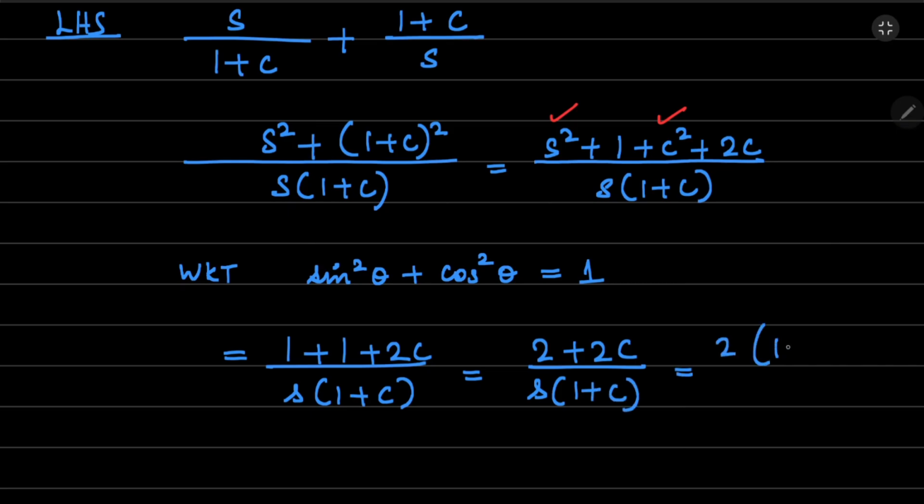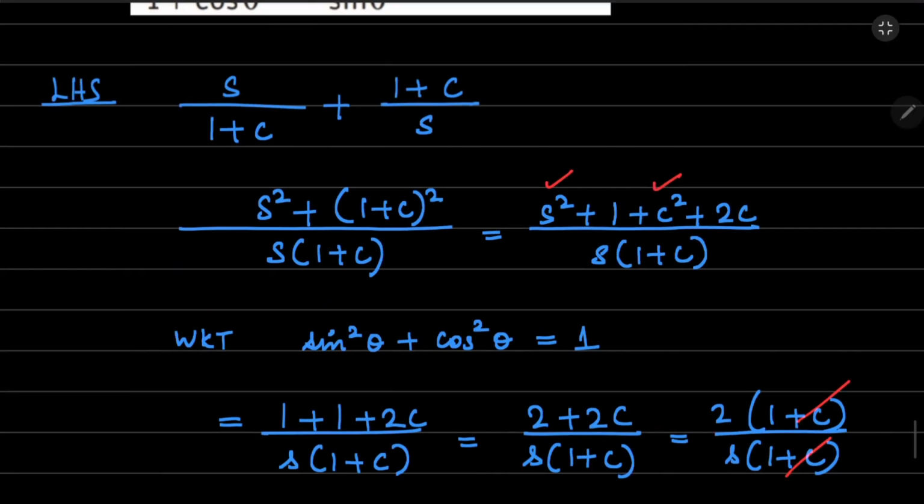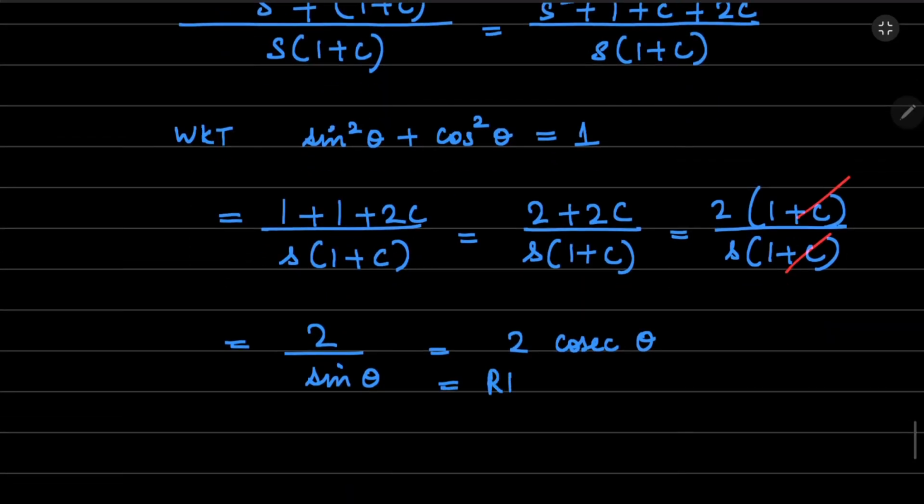Take 2 common out, what will you have? 1 plus cos divided by sine into 1 plus cos. So 1 plus cos will get cancelled in both numerator and denominator, and what is left is just 2 by sine theta. What is 1 by sine theta? It is cosecant theta. This is equal to our RHS, hence proved.